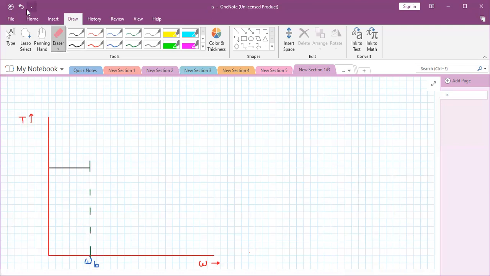This is called choke mode, or I can say it is a constant torque mode.